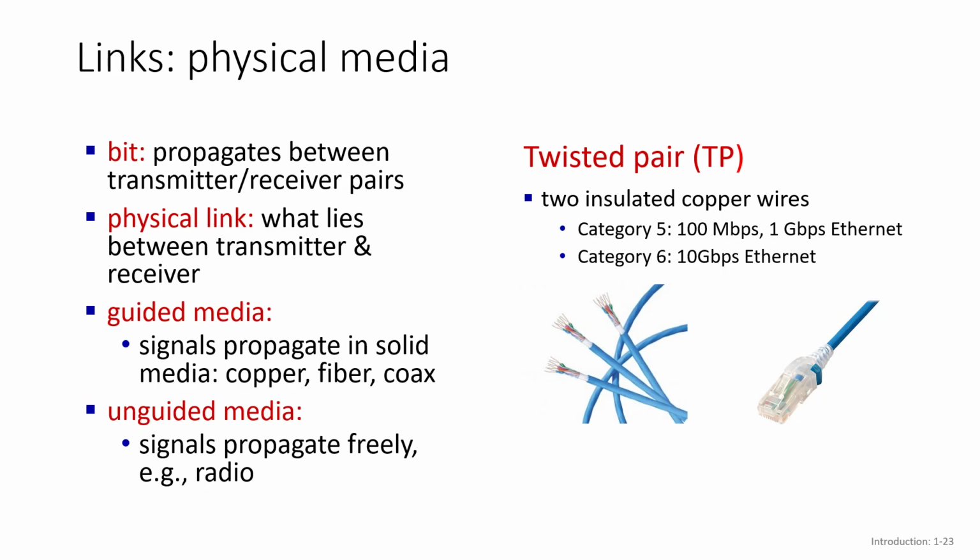All right, physical media. Physical media are your internet cables. We'll speak about some of the physical media here that will help you to have internet. So the bits are basically sent in those components, right?